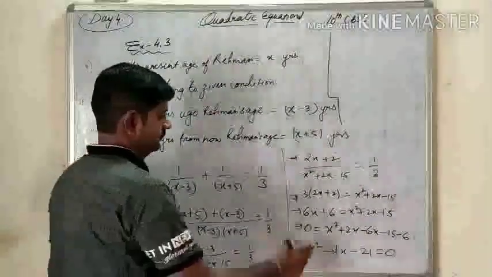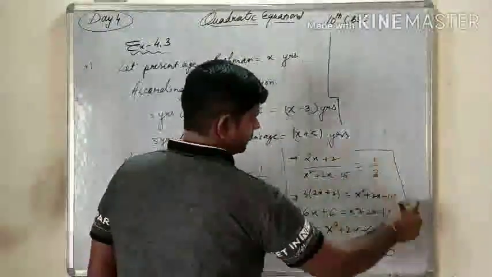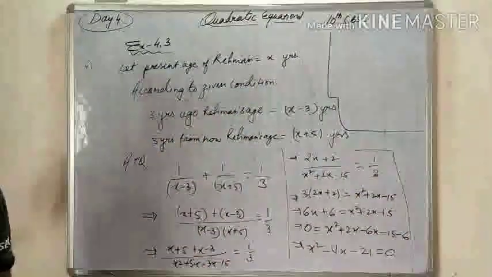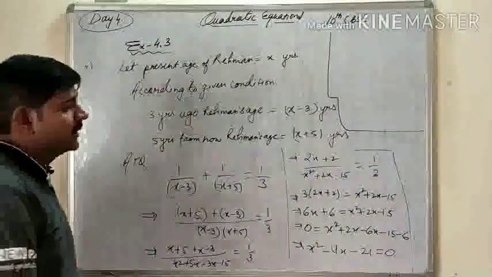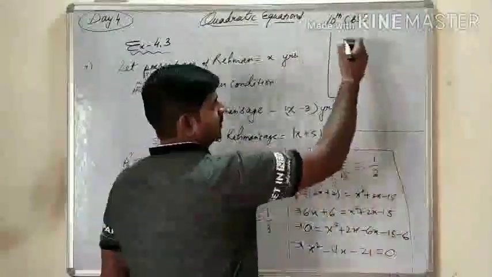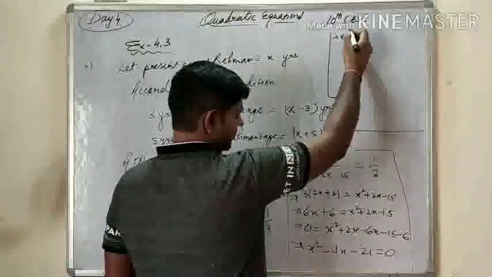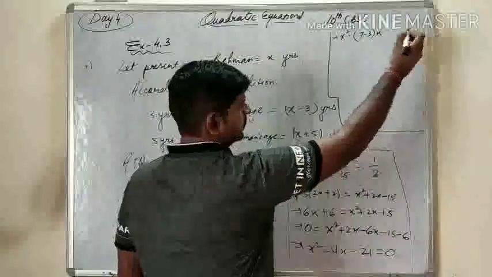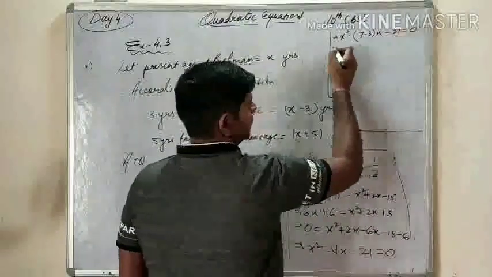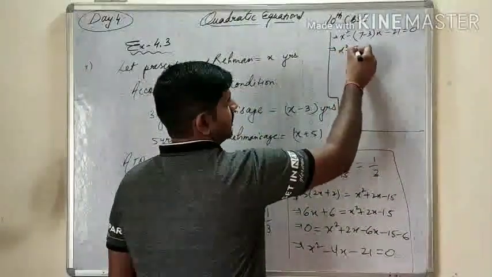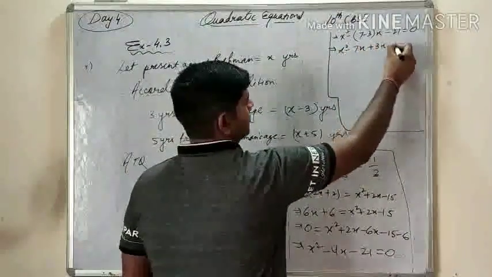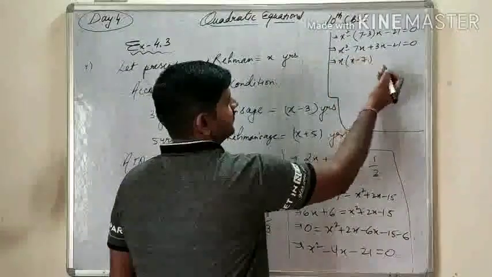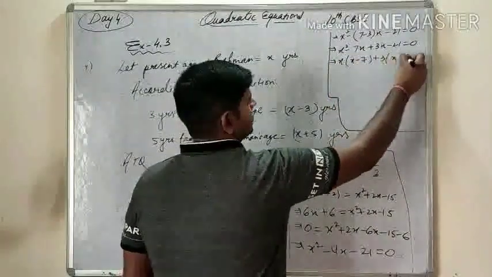We can use the middle term splitting method, and we know that 7 3s are 21. So for negative 4, we write 7 minus 3 into x, and minus 21 equals 0. x square minus 7x plus 3x minus 21 equals 0. x is common, x minus 7. 3 is common, x minus 7.